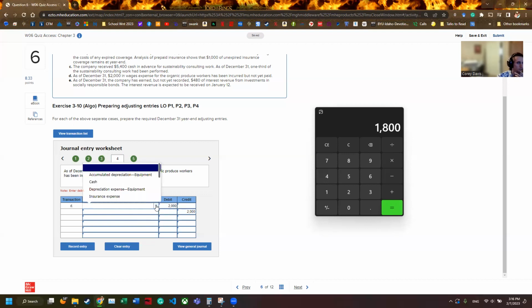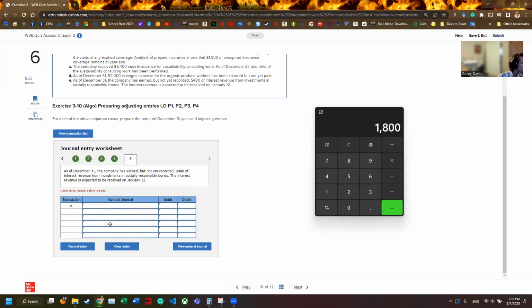So we are going to first do our wages expense because that is what gets debited. If we debited wages payable, it would go down instead of up. And then again, wages payable, because it has not yet been paid, that money goes to payable because we haven't paid it yet. So those are wages that we still need to pay, but haven't yet. But we do need to expense them because they were incurred in December.